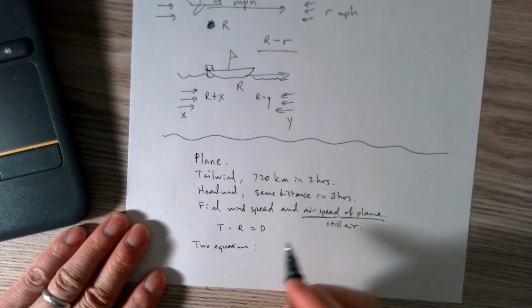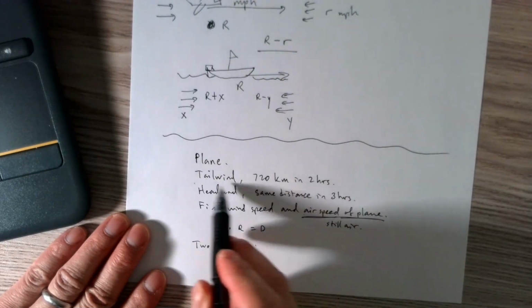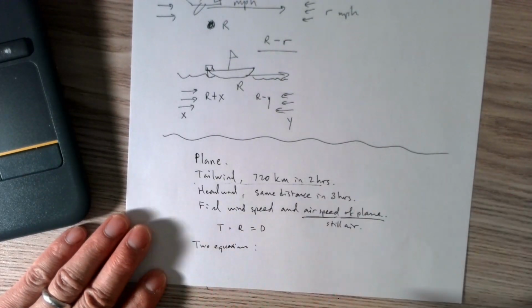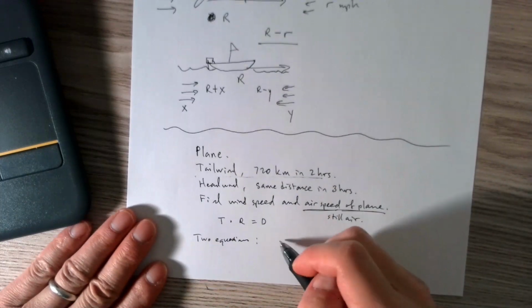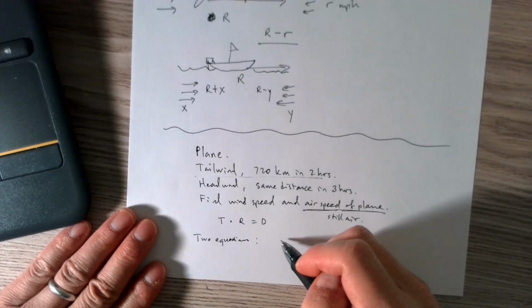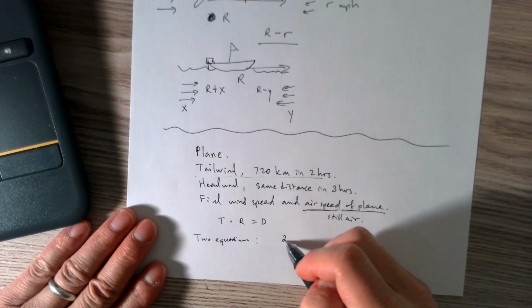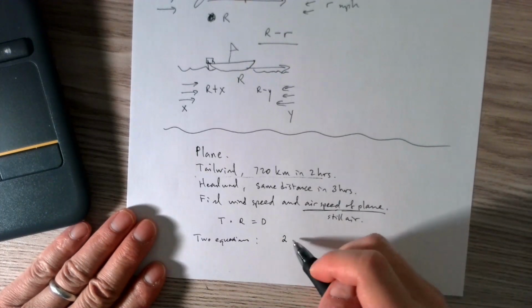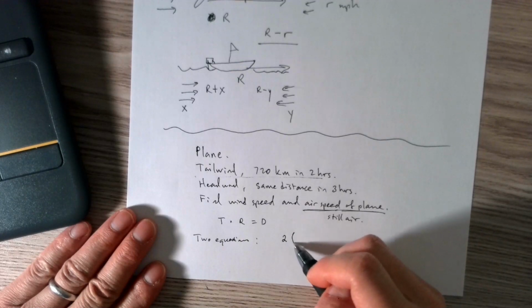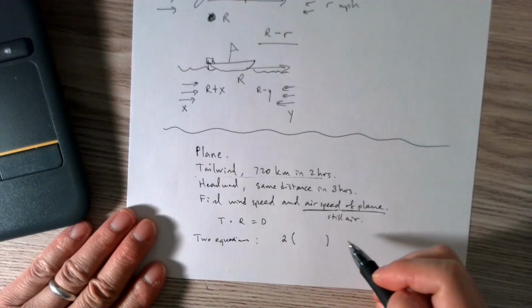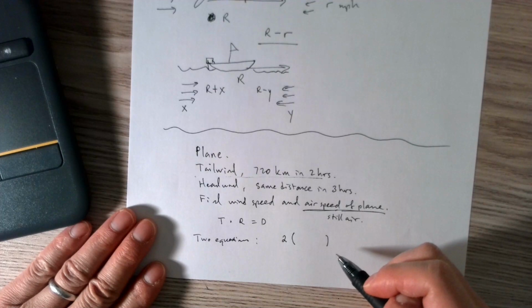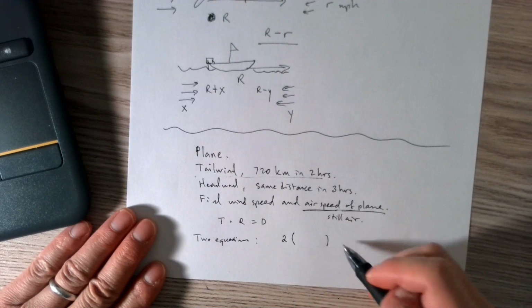So in my first equation, I'll do the tailwind equation, plane going with the wind. So with the wind, the time it takes for the plane to go 720 kilometers is 2 hours. The rate that it goes during those 2 hours, I will fill in later.